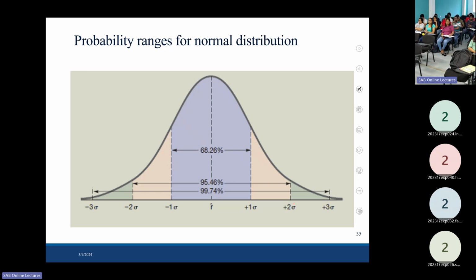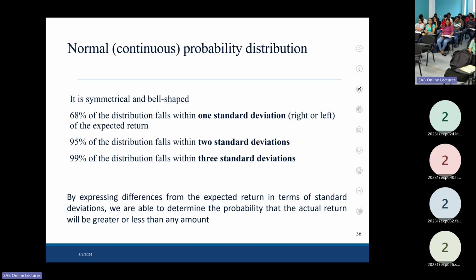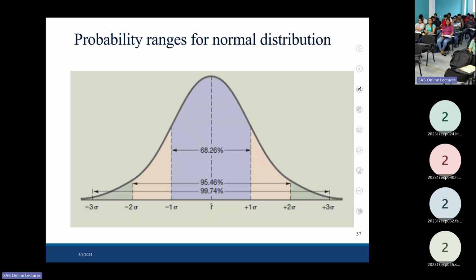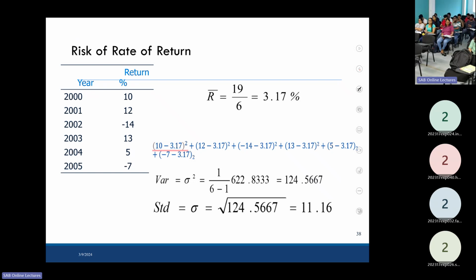I'm not going to explain the statistics in more detail, but anyway, you can interpret standard deviation and expected returns using these attributes. Now, in our example, let's look at average return. These are for the past 6 years' average return.